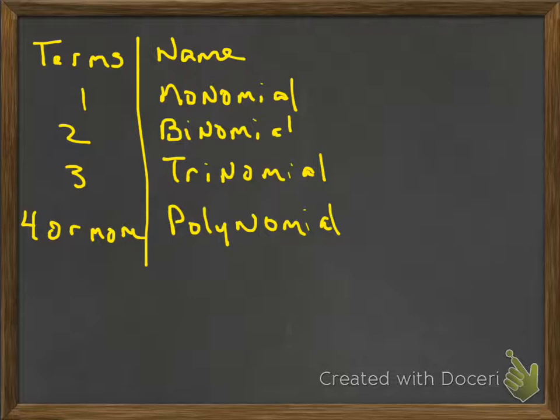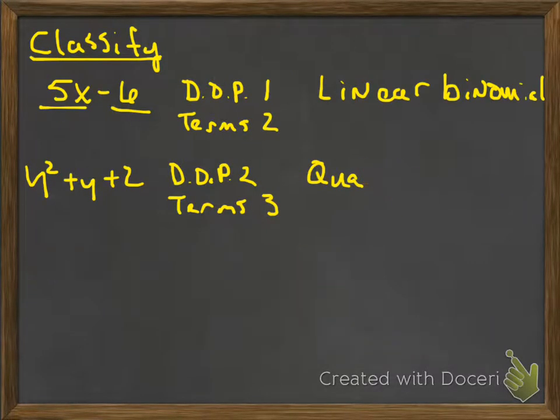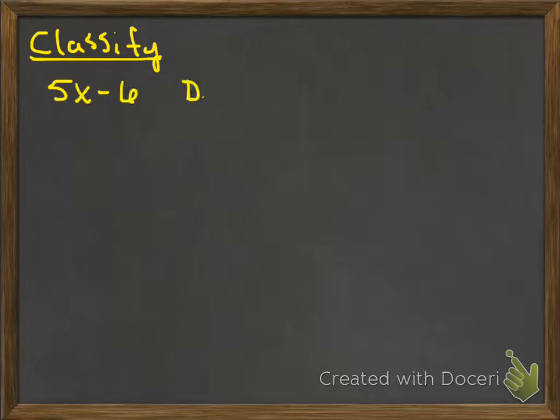So how do we classify this and give it a name? Well, let's look at this. You can see these answers here, but let's go backwards a little bit and do this. Let's say you have this example. Okay, in this example, it says 5x minus 6. I can see it has a degree of 1, and it is 2 terms.